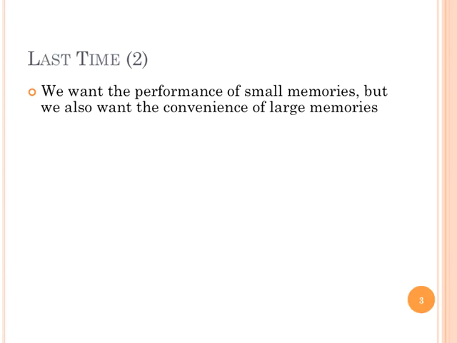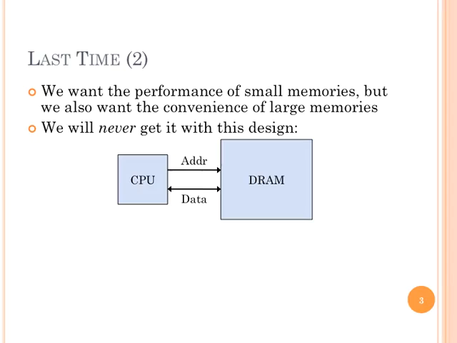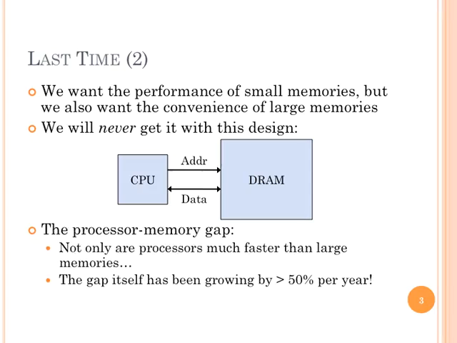We'd like our systems to have the performance of a small memory, but also large memories because we have a lot of data that we'd like to process. Of course, we're never going to get it if we connect the processor directly to our DRAM, which is currently our large, dense, cheap memory of choice.